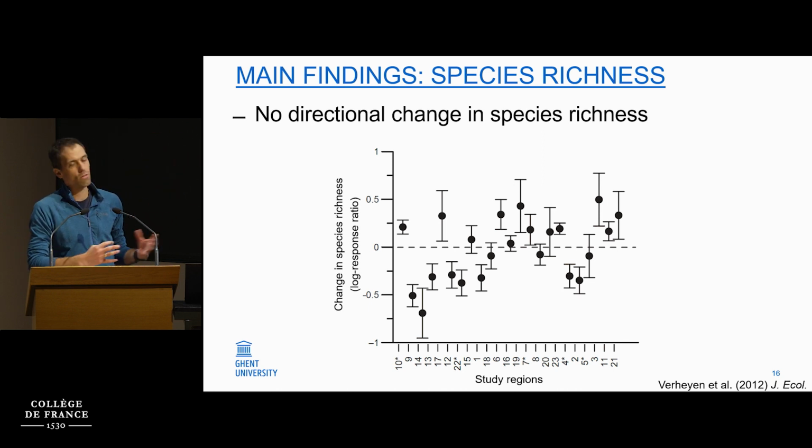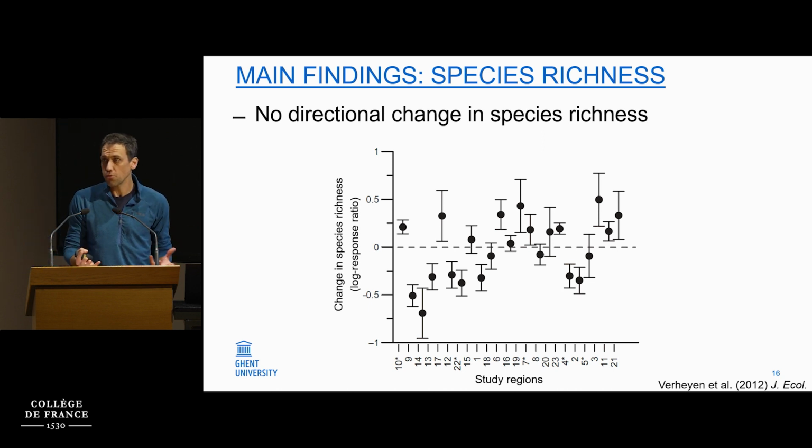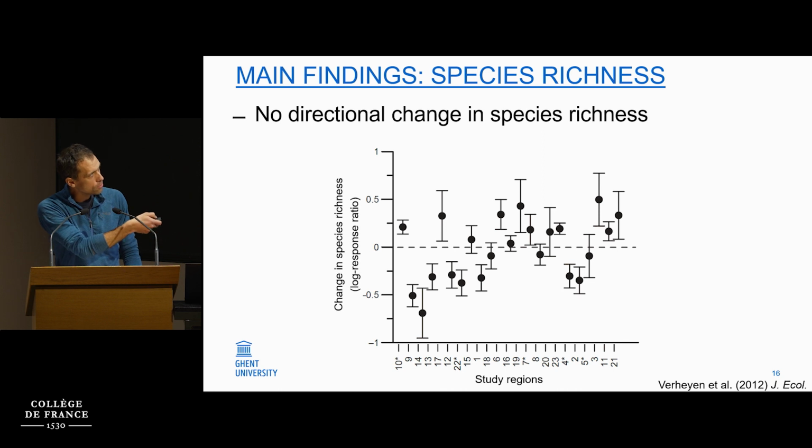So the cross-region mean is centered on 0. But there is a lot of variation. And we also did not find any clear effects here, with this analysis on species richness, of nitrogen deposition, for instance, or climate changes between the 2 surveys.